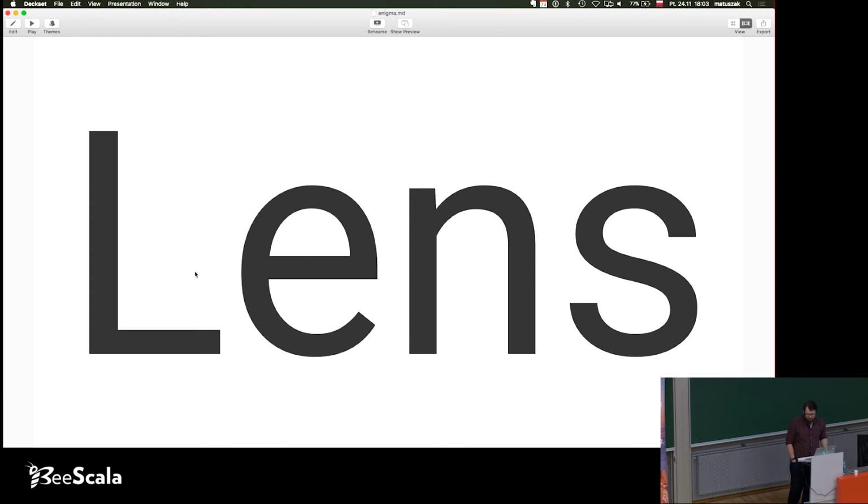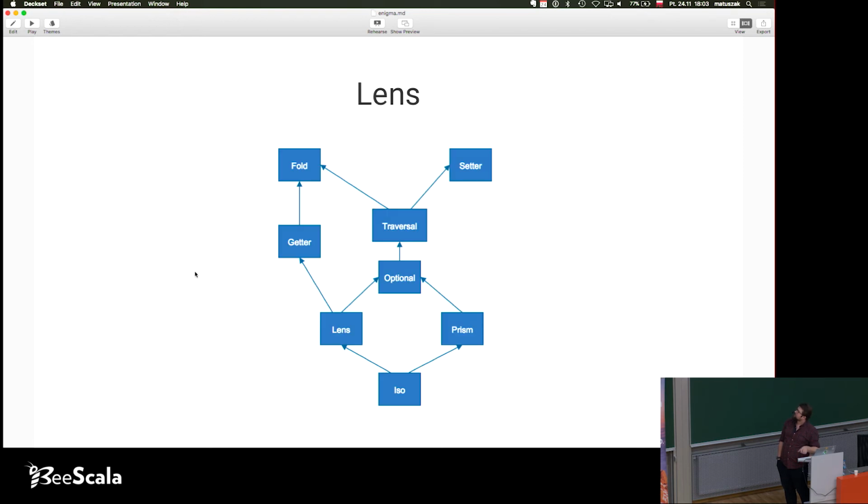Usually when someone is reading or hearing about lenses or optics, the lenses are this data type, which comes in the hierarchy on the right side. So it's on the same level as lenses.